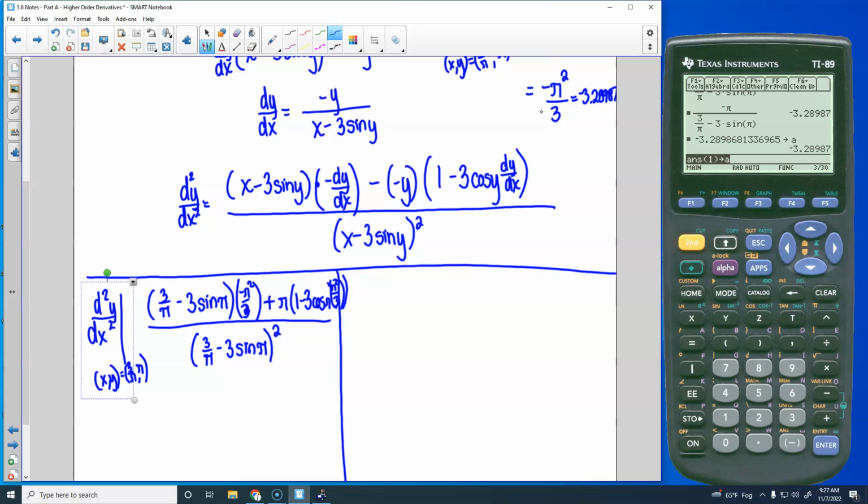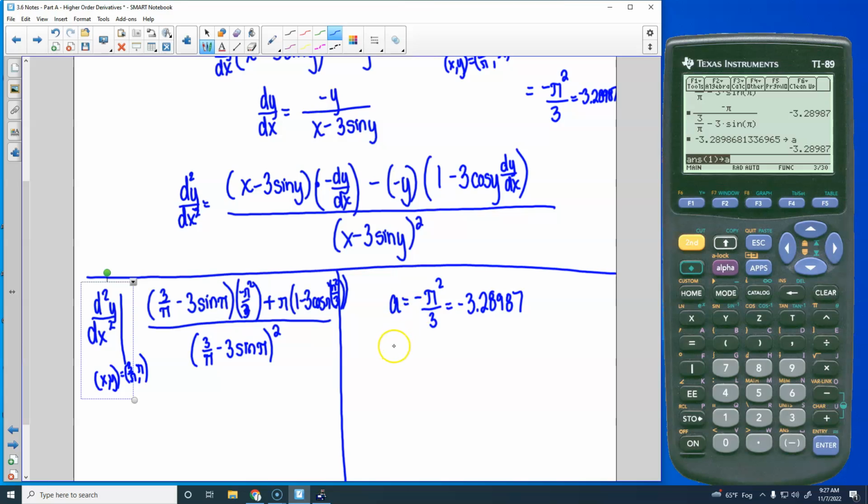I'm going to tell you what, it's just going to be easier to do decimals for sure, isn't it? Because typing this in is going to be very difficult with all of your parentheses. So here, I've got A equals negative pi squared over 3, which is negative 3.28987. I stored that in my calculator, right?